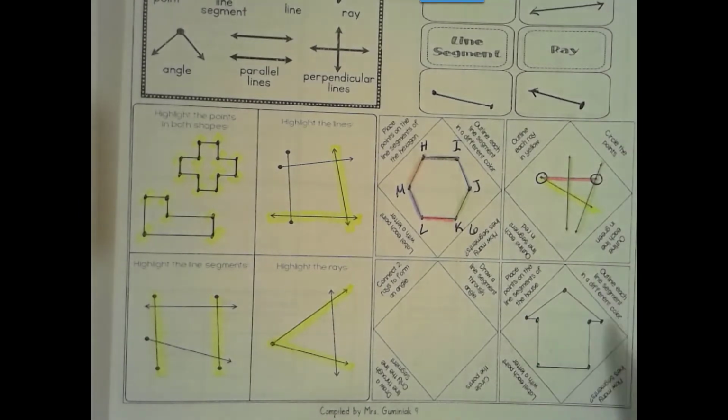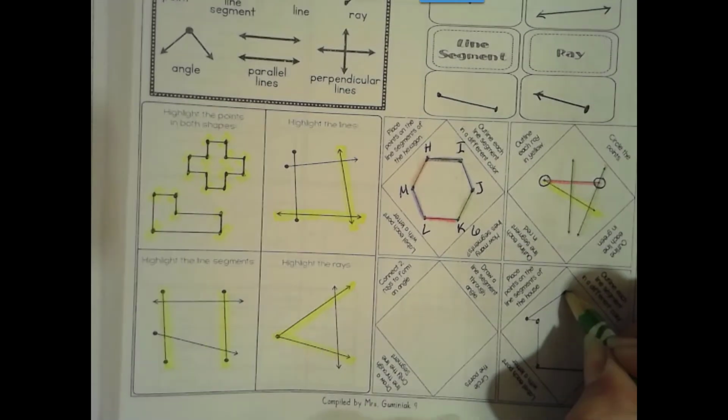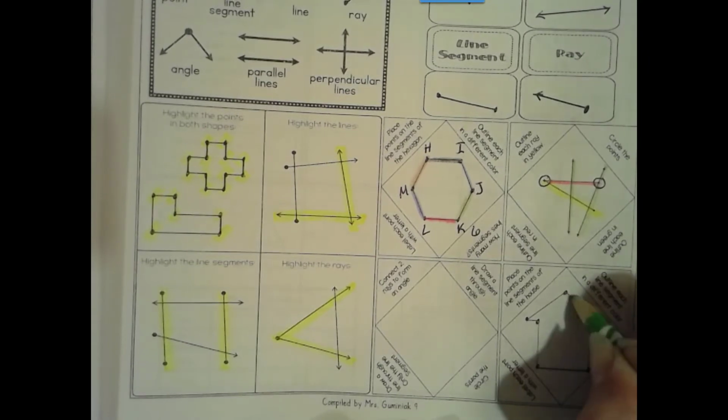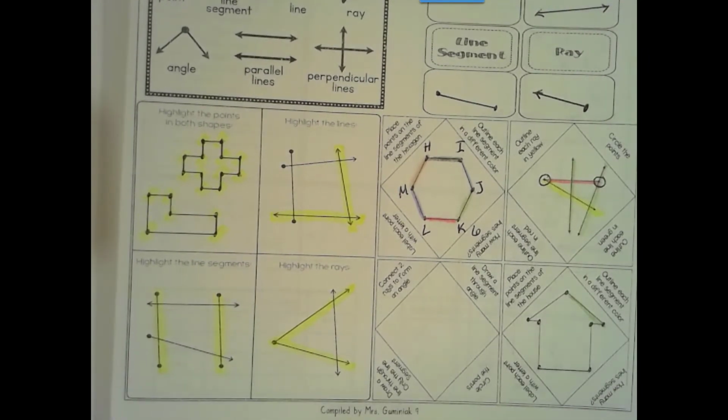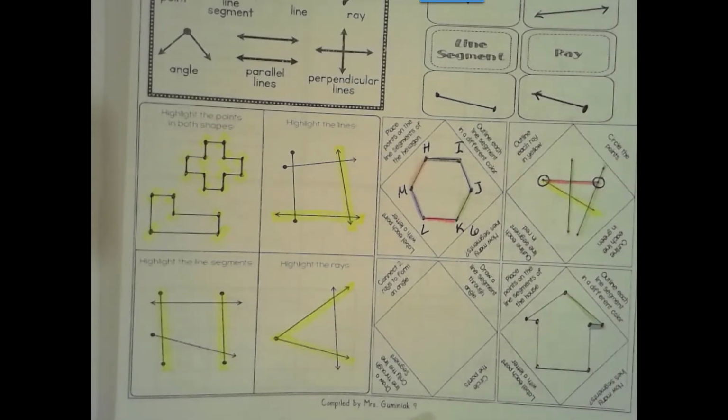Outline each line segment in a different color. If you only have a few colors, not enough for each one to be different, then just do a pattern with them so that they're not next to each other, the same colors, that is.